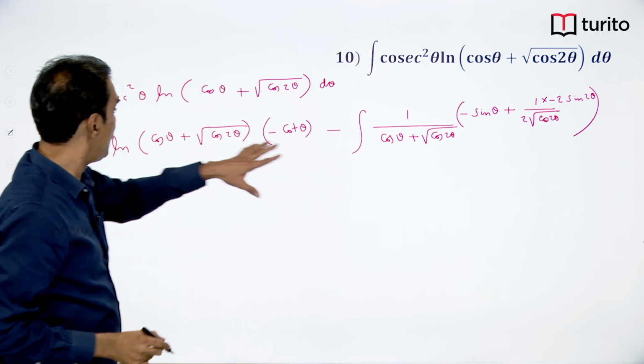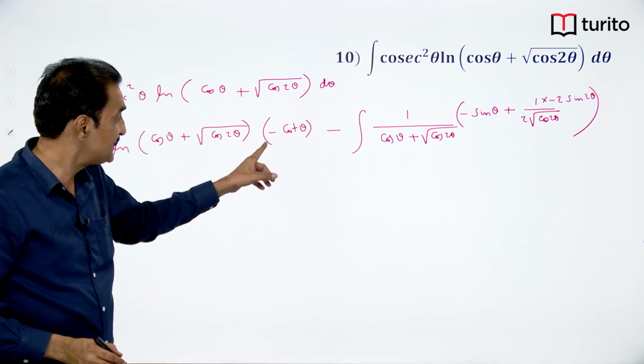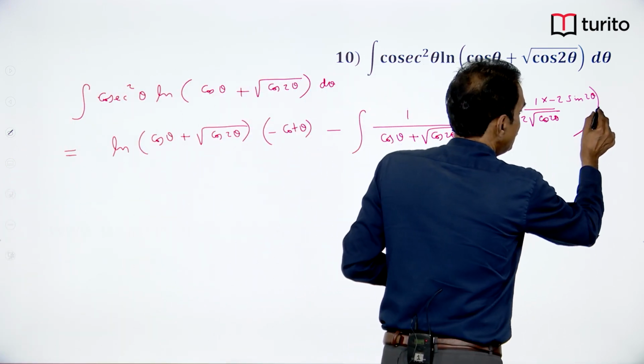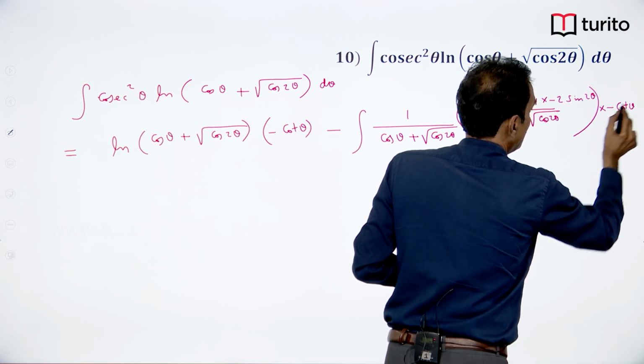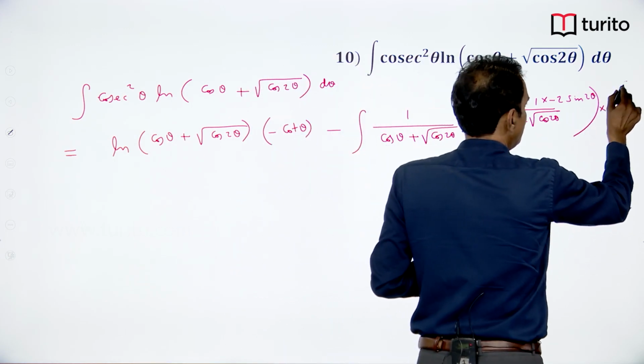This is the derivative of the first function. Now, we have to multiply by integral of second function. What is it? Minus cot theta. So, this into minus cot theta, and we have to write d theta also.